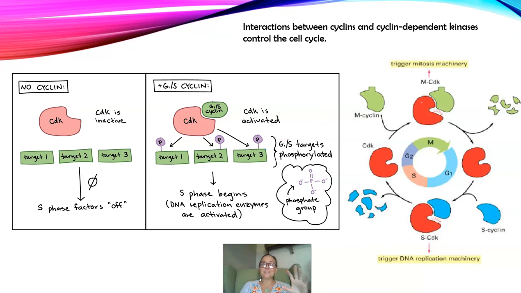Now, within each step of the interphase and cell cycle, to regulate these, we have cyclins and cyclin-dependent kinases. So cyclin-dependent kinases stay constant in amount in the cell cycle, but they're only active when there is cyclin. So the amount of cyclin varies during the cell cycle, and when cyclin attaches to cyclin-dependent kinase, like we see here, it is now active.